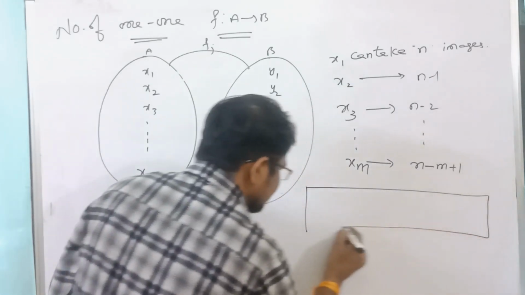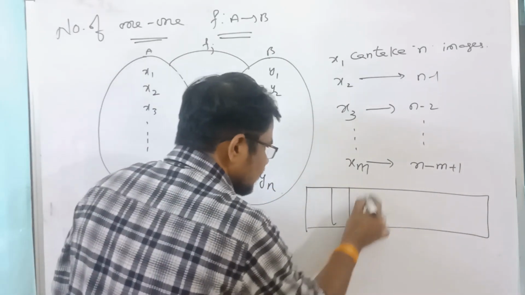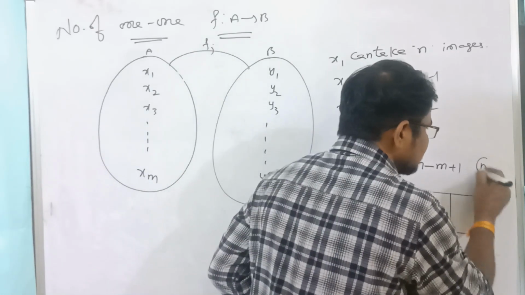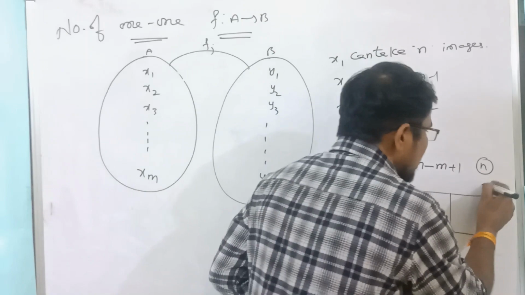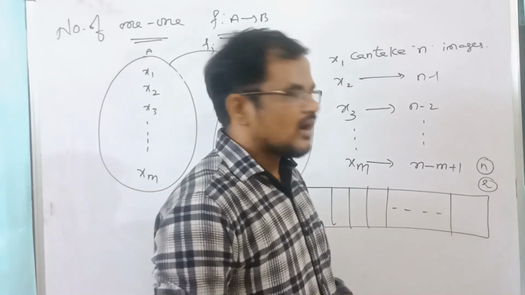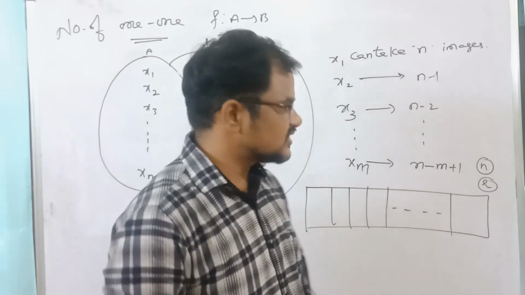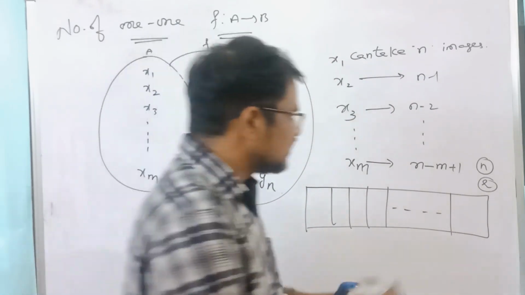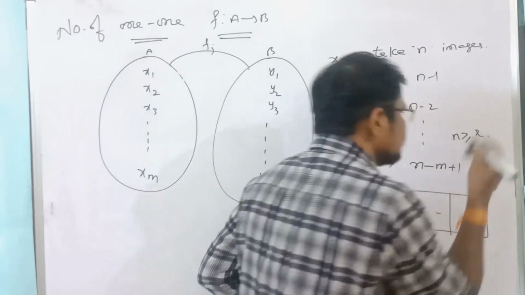In permutation and combination we have taken this. Number of permutations: whenever n distinct objects are given, out of n distinct objects we have to fill r vacant places when repetition is not allowed. Here n is greater than or equal to r.